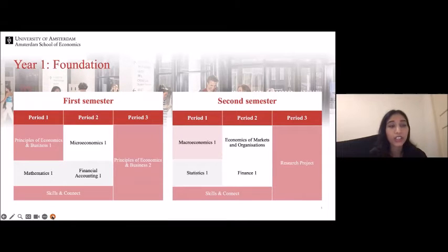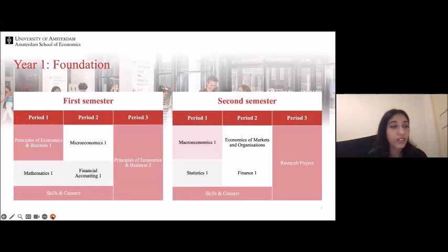So in the large blocks, you have a mix of economics and business economics courses, as you can see on the screen: principles of economics and business, the foundational courses in micro and macro and statistics and maths, and you have a bit of financial accounting and finance, and you also have some markets and organization, which is micro foundational theory. However, you'll also have some business-oriented theories in them. And then you have the smaller blocks.